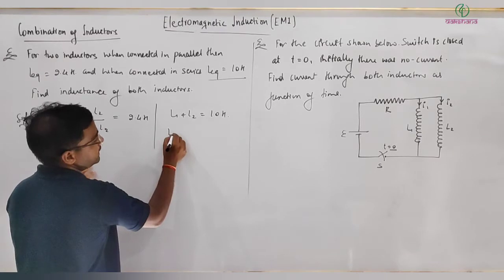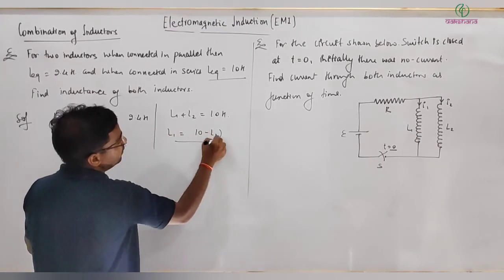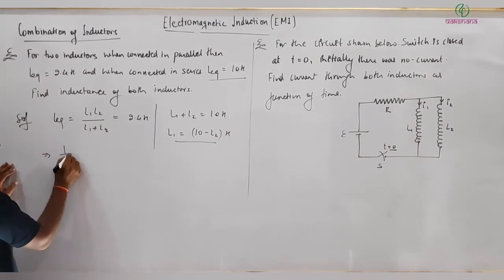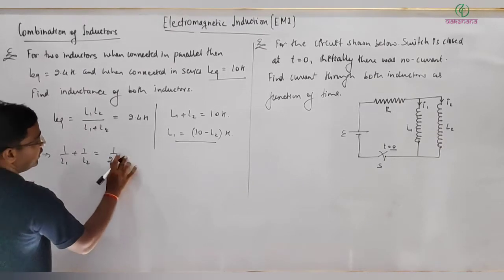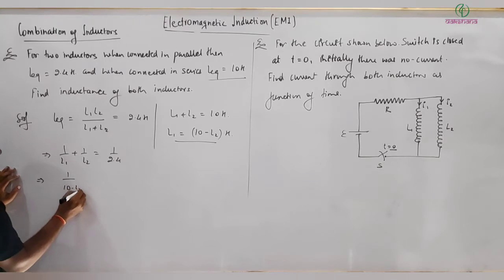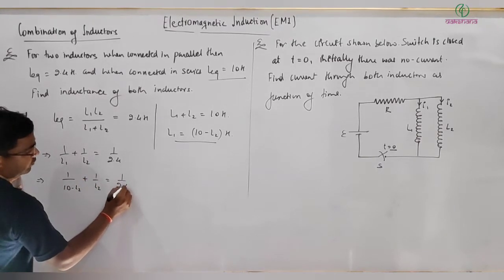So I can write L1 is equal to 10 minus L2, and substitute here: 1 by L1 plus 1 by L2 is equal to 1 by 2.4, and this implies 1 by 10 minus L2 plus 1 by L2 is equal to 1 by 2.4.